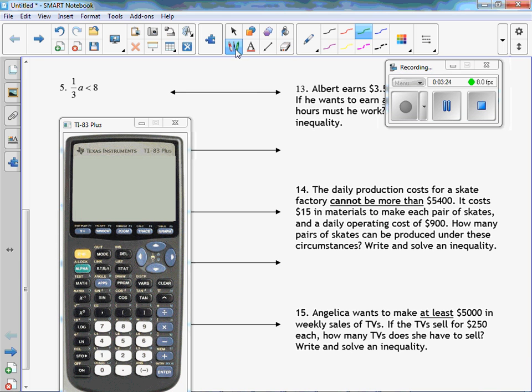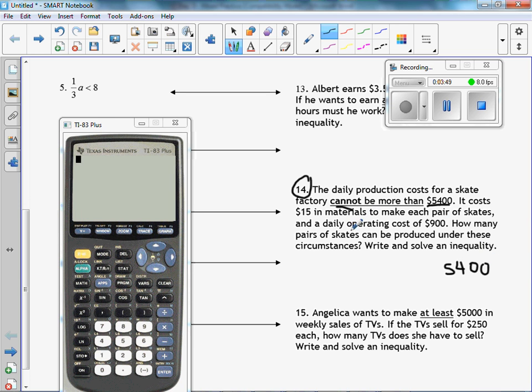Okay, let's look at problem number 14. The daily production cost for a skate factory cannot be more than $5,400. So I always like to just write down the numbers as I go. Read through the problem first, but I'm just going to write it down now.